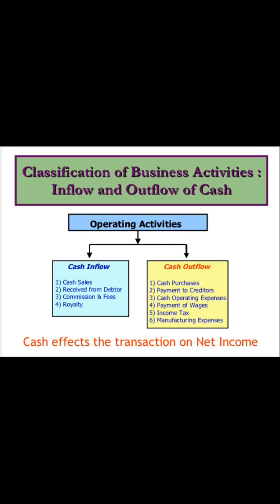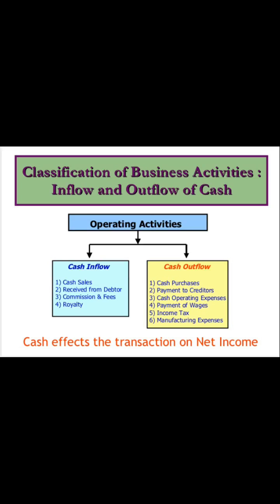In case of operating activity, which activities affect the cash, let us see them individually. In case of cash flow, the inflow occurs when a firm makes a cash sale. That means anything a firm sold and cash is received.